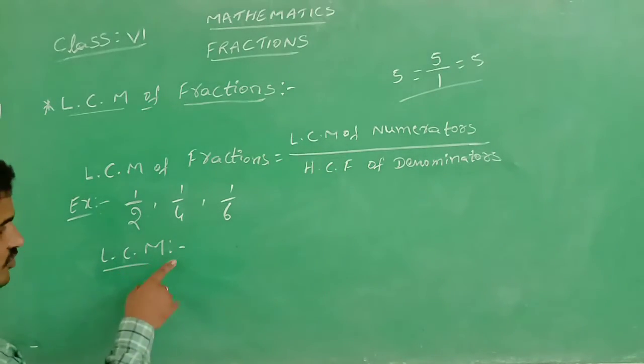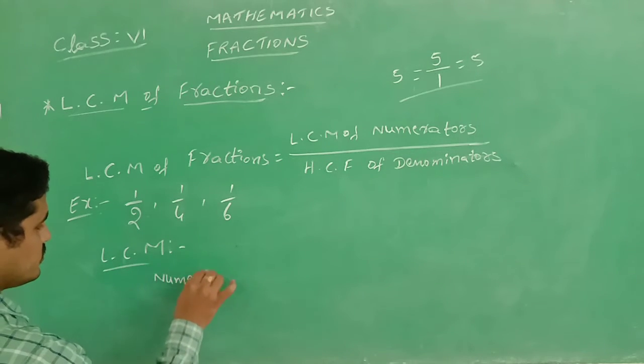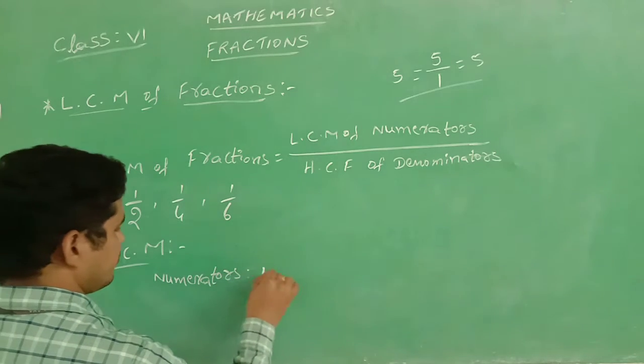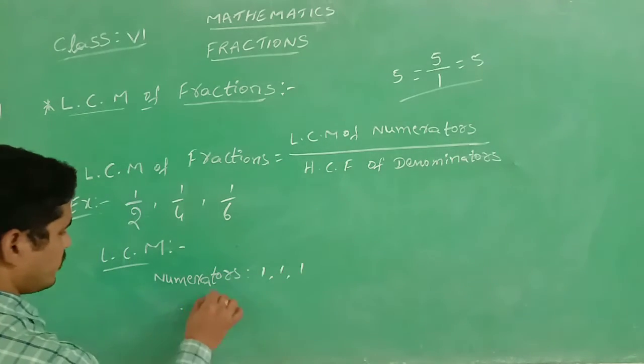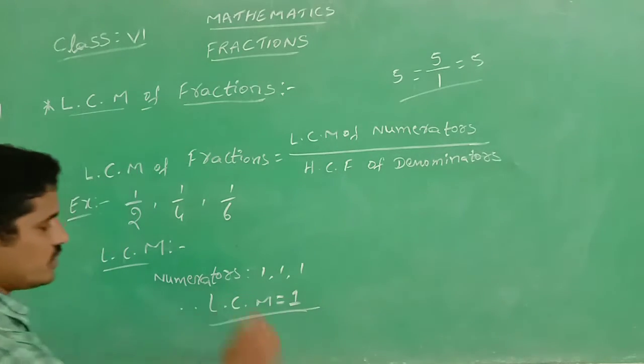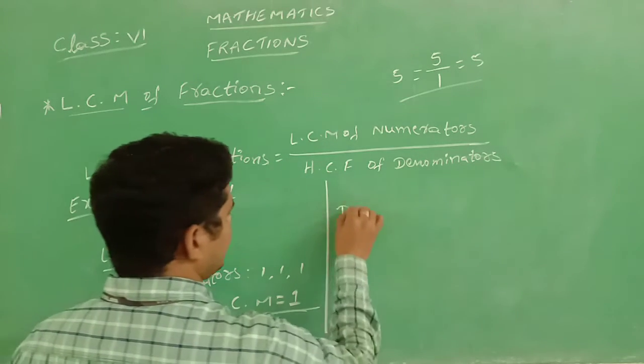First, the LCM of numerators. The numerators here are 1, 1, 1, so the LCM is also 1. Next is finding the HCF of the denominators.